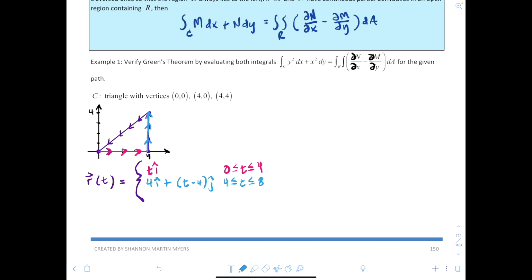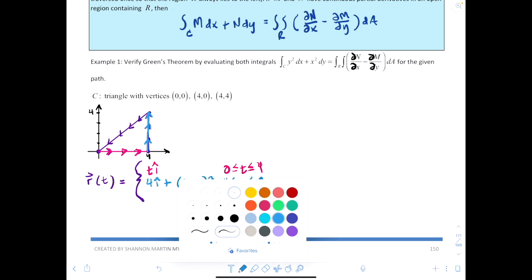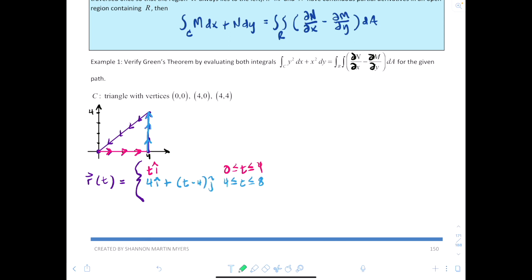And then lastly, we're going to have t now, y is going to go down by 4, and x is going to go to the left by 4. So basically, t is going to range now between 8 and, we know it's got to start at 8.